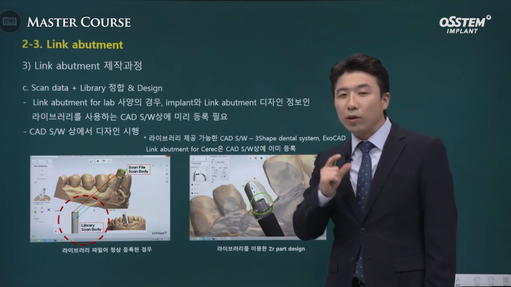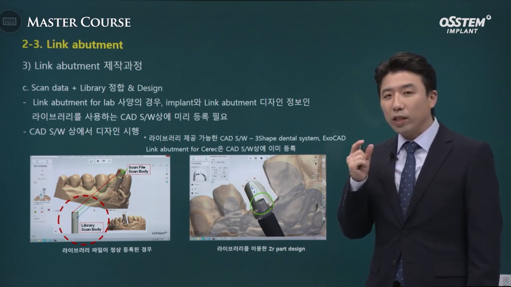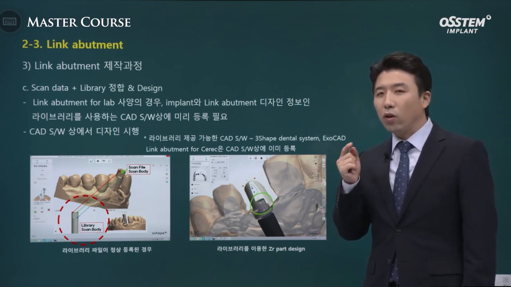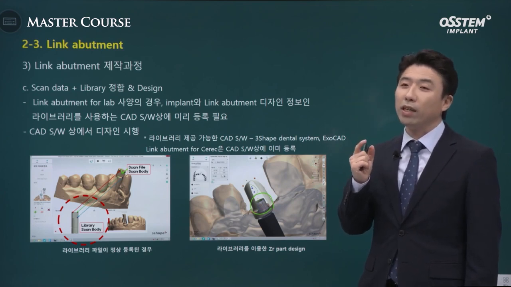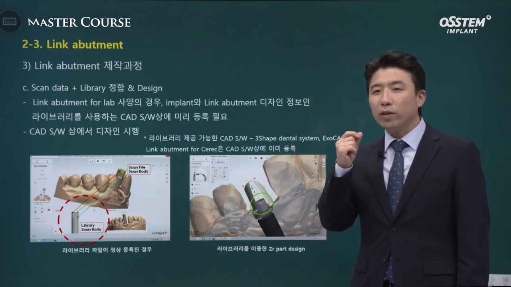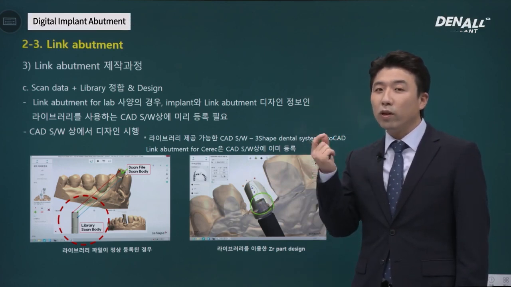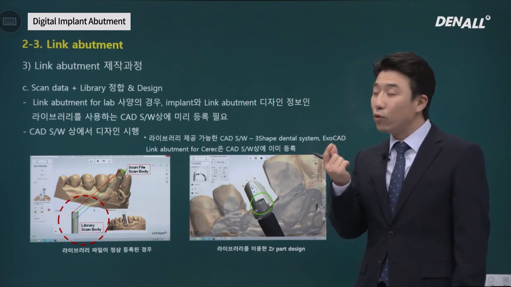We can import link abutment library like this. What this means is that in reproducing implant position, this is basic. What we're doing is that on top of the implant, we're connecting link abutment. We can pull library with the link abutment on the implant.